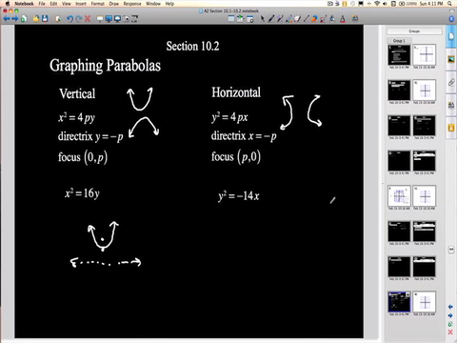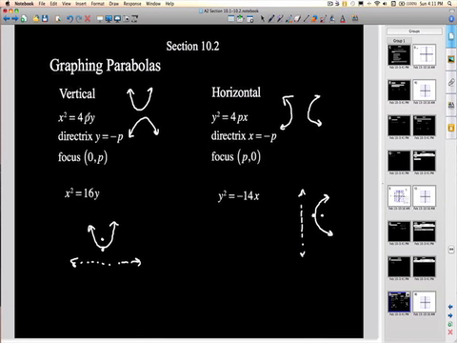If we looked at that in a horizontally oriented parabola, we'd have the same thing. We'd have a focus here, we'd have a center for our vertex, and we'd have a vertical line instead of a horizontal line. So when the parabola is oriented vertically, the directrix, that's this line, is oriented horizontally. When the parabola is oriented horizontally, then the directrix is oriented vertically.